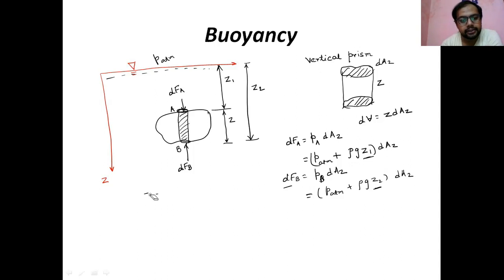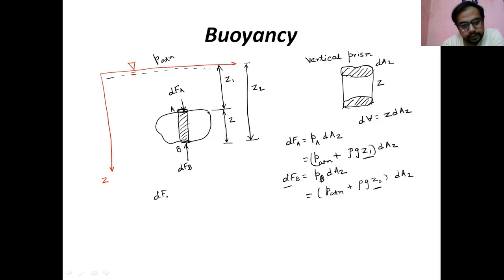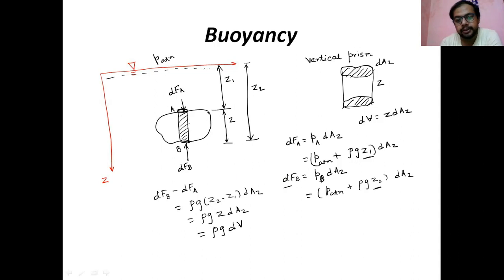We are rewriting this one more time. dFB minus dF1 is the net force acting over the vertical prism, and that is nothing but rho G (Z2 minus Z1) into dA. Z2 minus Z1 times dA is nothing but the elemental volume of the vertical prism.